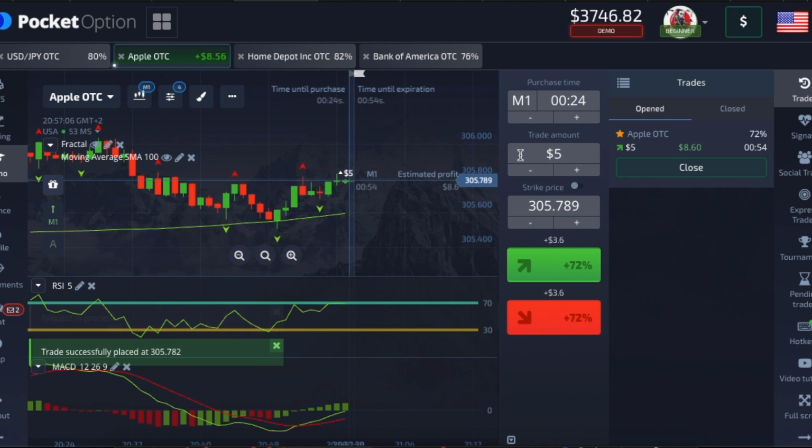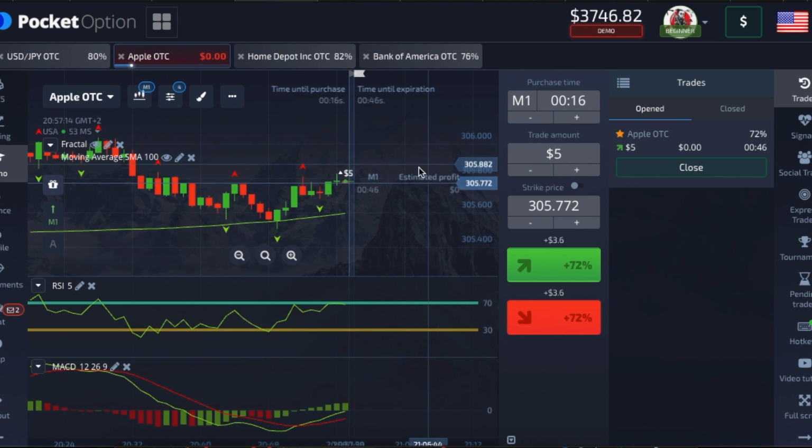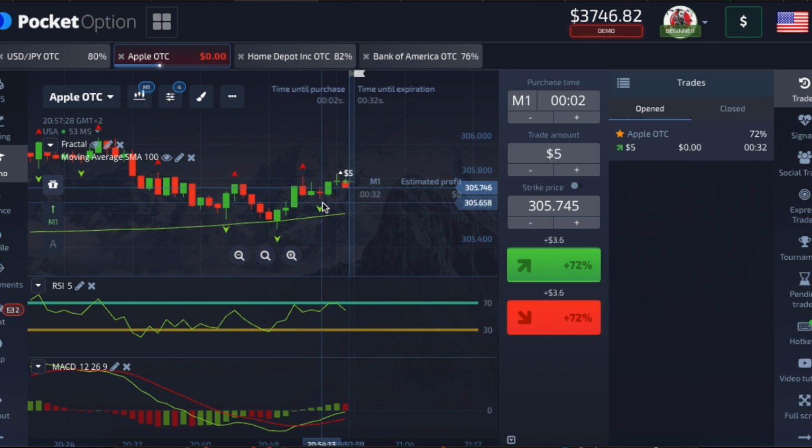So even though I went in for a buy because my indicator is telling me to go for a buy, here it is now. This might not close out in my favor with the market basically consolidating the way it is. So we're gonna watch it, see what it does.